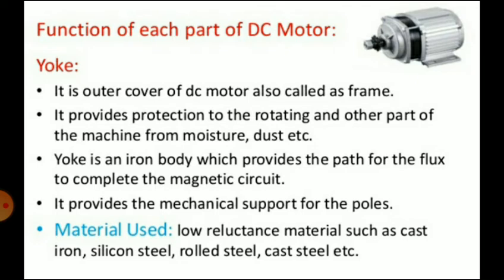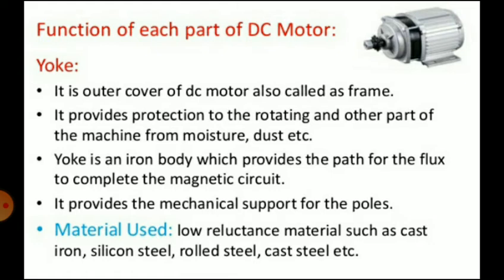The first part is the yoke. Yoke means the hollow cylindrical stator frame, that is the outside part of the motor. You can see in the diagram it is the outer cover of the DC motor, also called the frame. It provides protection to the rotating and other parts of the machine from moisture, dust, etc. The yoke is an iron body which provides the path for the flux to complete the magnetic circuit.